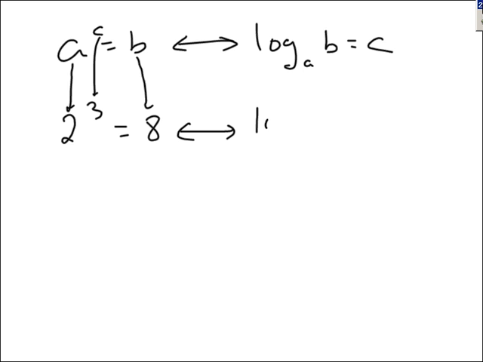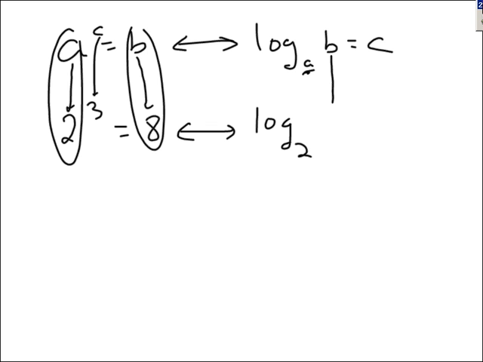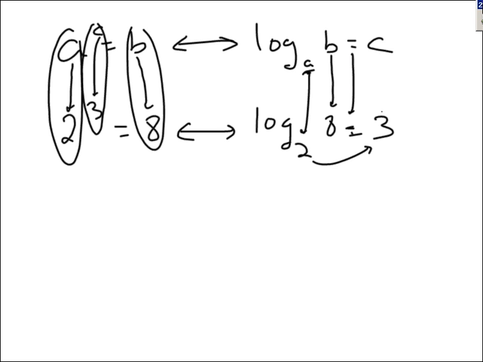So A is 2, B is 8, equals, C is 3. And you can check: 2 cubed really is 8.